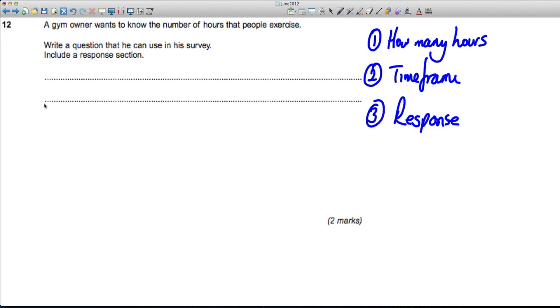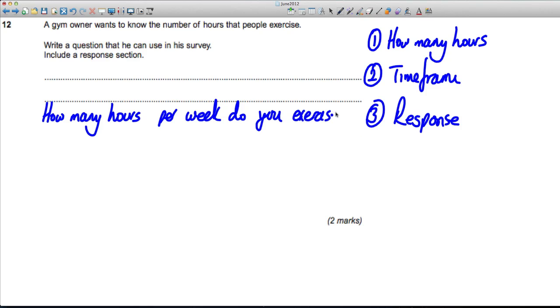So something along the lines of: how many hours per week do you exercise? Question. And we could have an option here, none. Let's say up to half an hour.